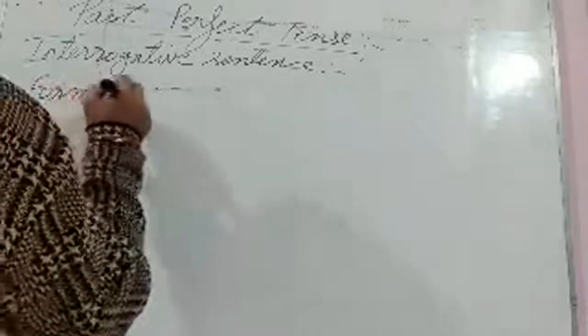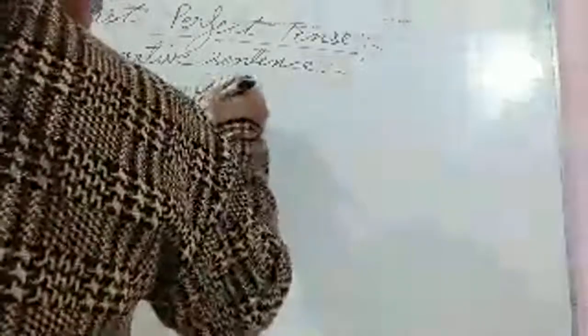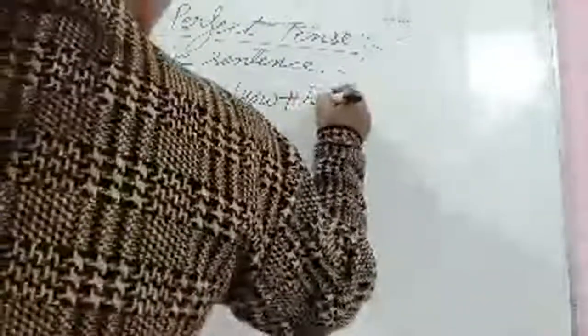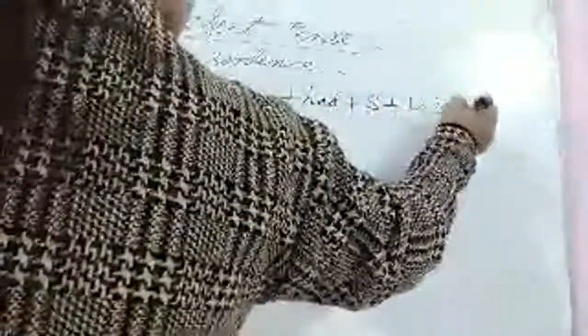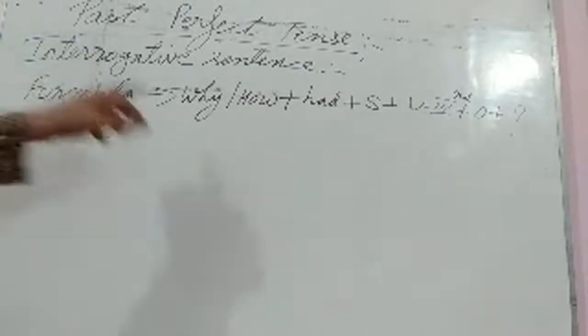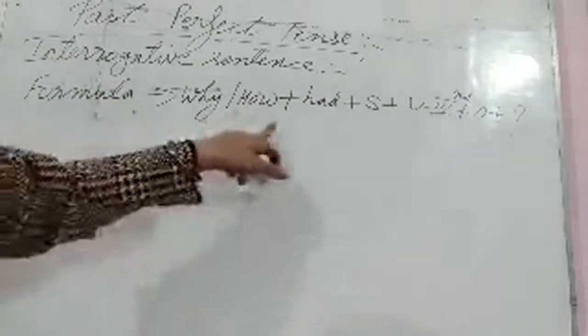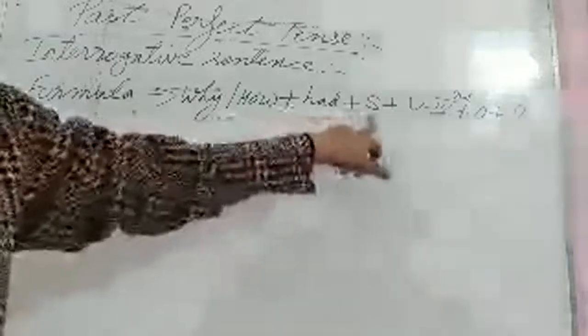Let's see the formula. Here is the formula: why or how plus had plus subject plus verb of third form plus object and a question mark.